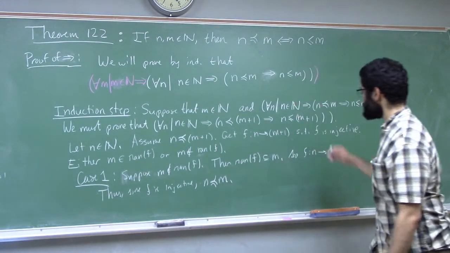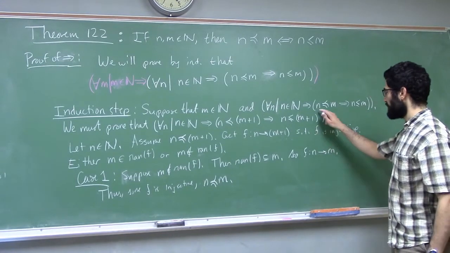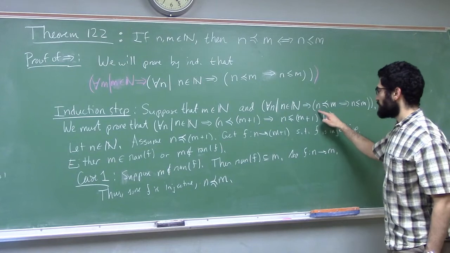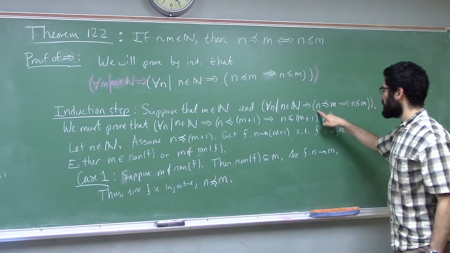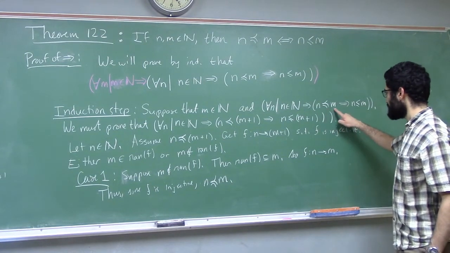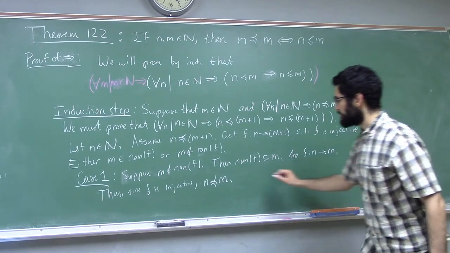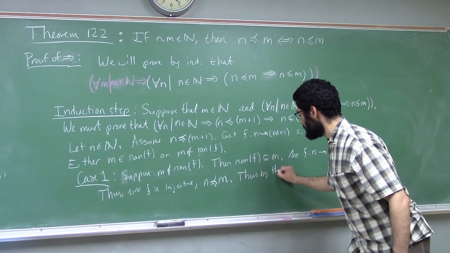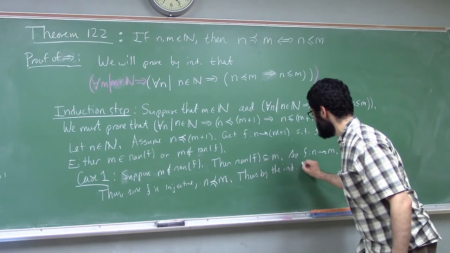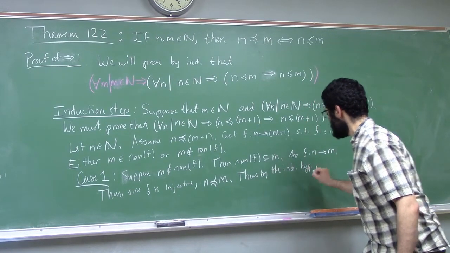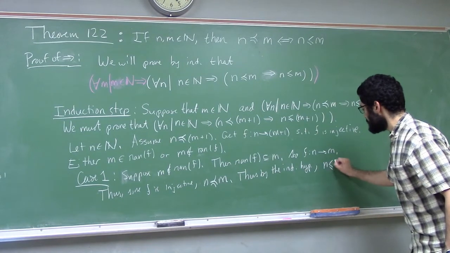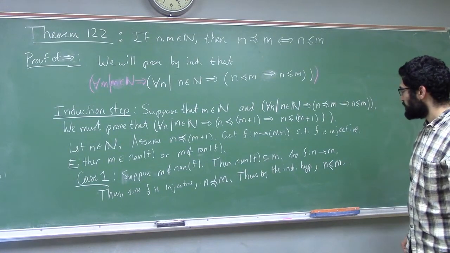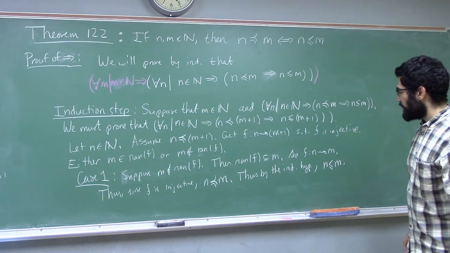Now I can use the induction hypothesis as planned. n is a natural number, and n has cardinality less than or equal to m, therefore, by the induction hypothesis, n is less than or equal to m. That wasn't quite the goal.